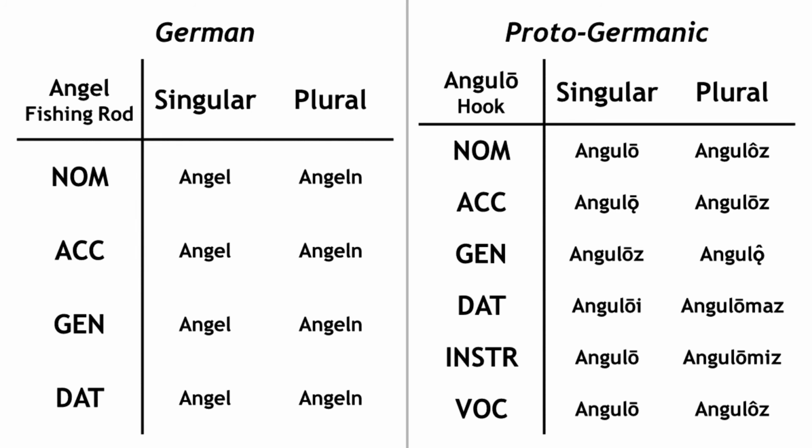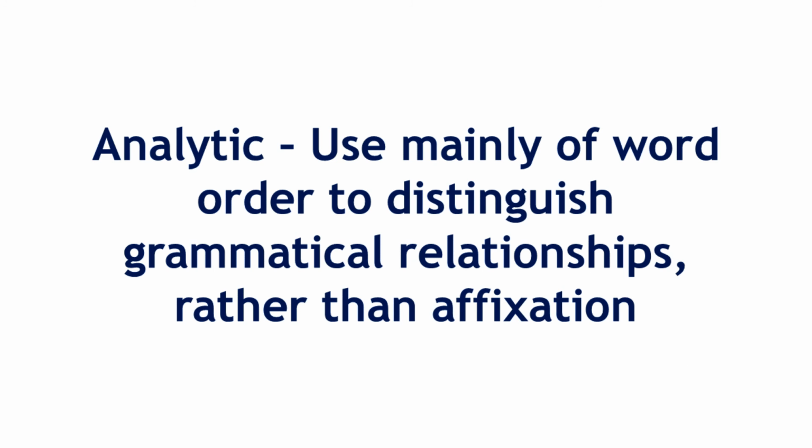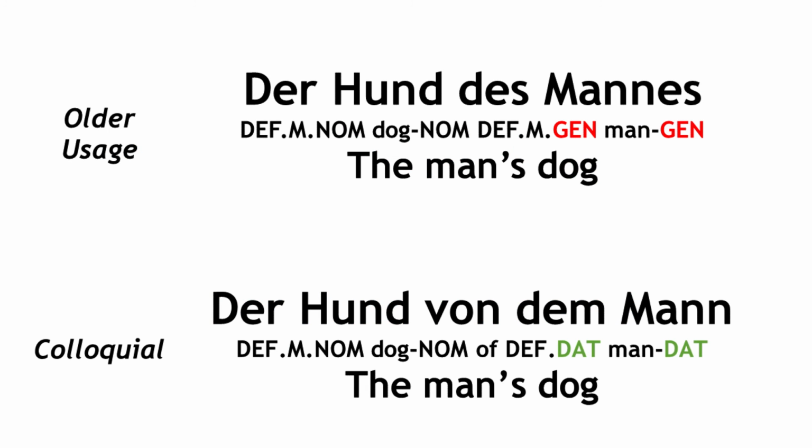Some cases have also already been lost by merging with others. With time, the remaining distinctions in the language will probably disappear, and it'll become more analytic. This is already happening, with the genitive case being replaced by the dative in colloquial speech and in many dialects.